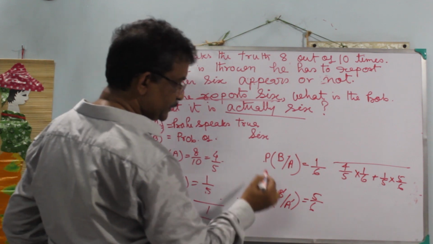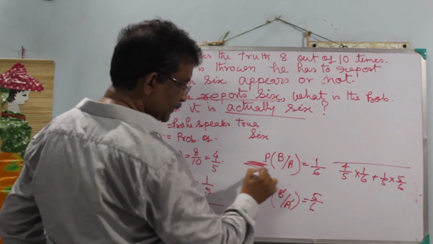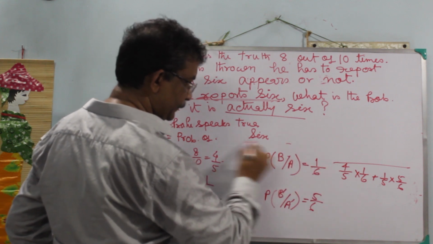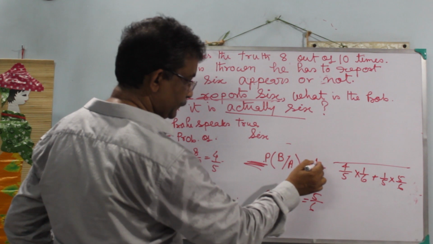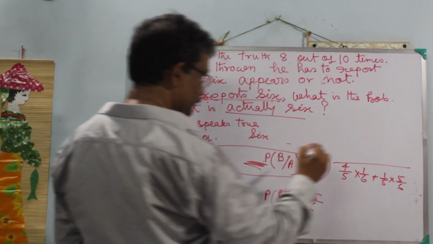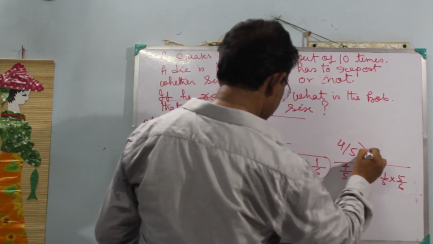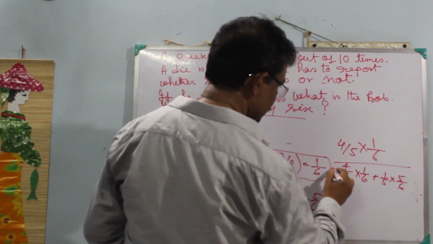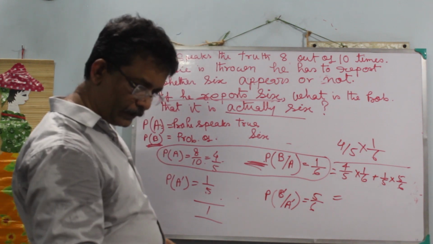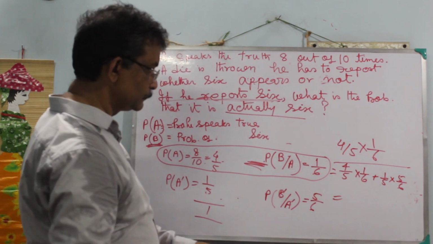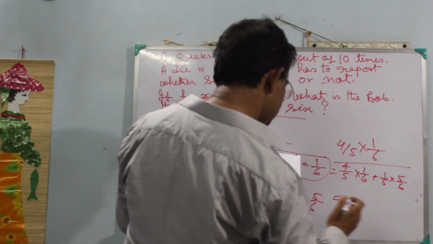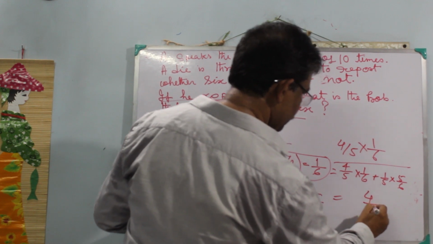Actually 6 in which case? This was the actual case: he speaks the truth and 6 appears. So take this branch as numerator. So 4 by 5 into 1 by 6. So probability is equal to 4 by 9. You will be able to calculate.